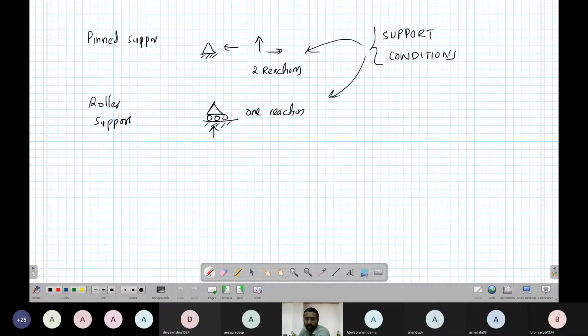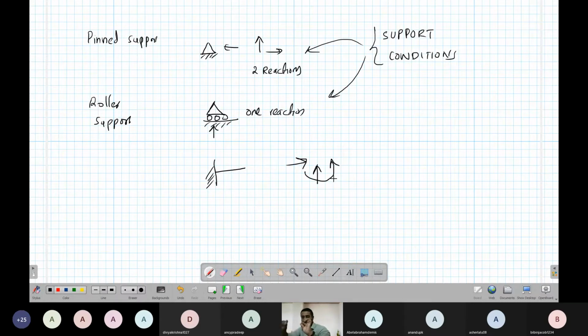There is one more support condition that we should know: fixed. It is represented like this. Fixed will give two reactions like this. In addition to this, it can oppose rotation. For example, if I am holding a scale like this and put some force here, it is not moving down because I am putting a force in the opposite direction.